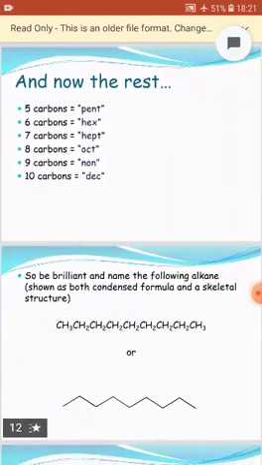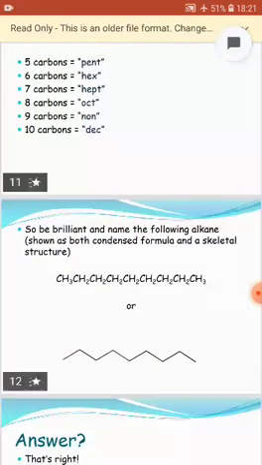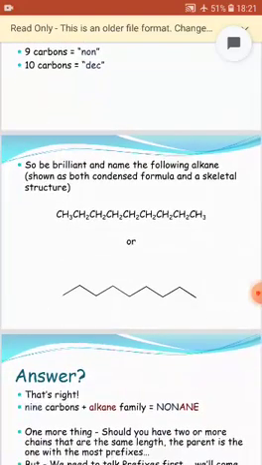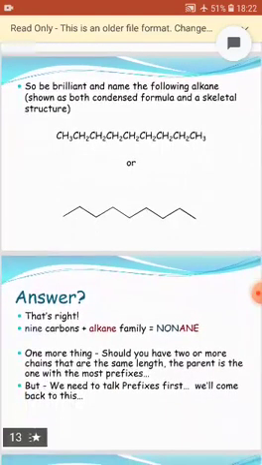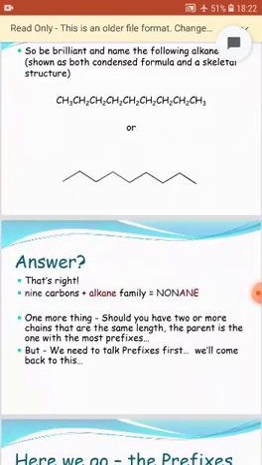So we have the names of the alkanes, shown as both condensed formula and a skeletal structure. Let's give an example. To name this alkane, that is, write 9 carbon. We see this formula, counting the carbon atoms, is 9. So 9 carbon alkane family nonane.